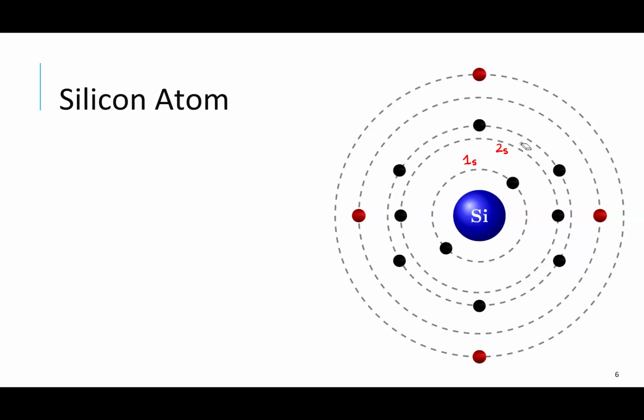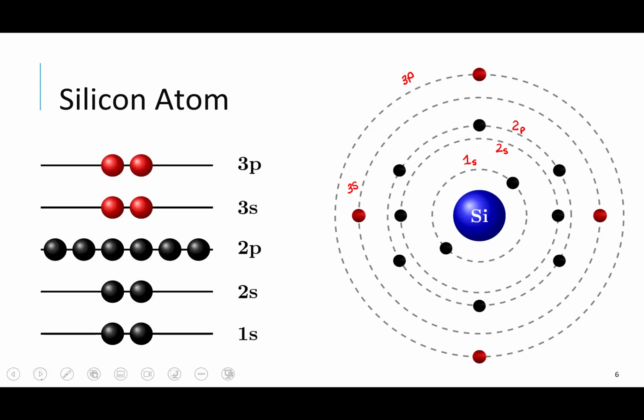And what we're interested in particular with silicon is the fact that it has missing electrons from its p shell. In fact, it's missing 4 electrons. So we know that silicon has 14 electrons, and shown that here based on just the different band diagrams. And what we really want is for this shell, the 3p shell, to be entirely filled with electrons.